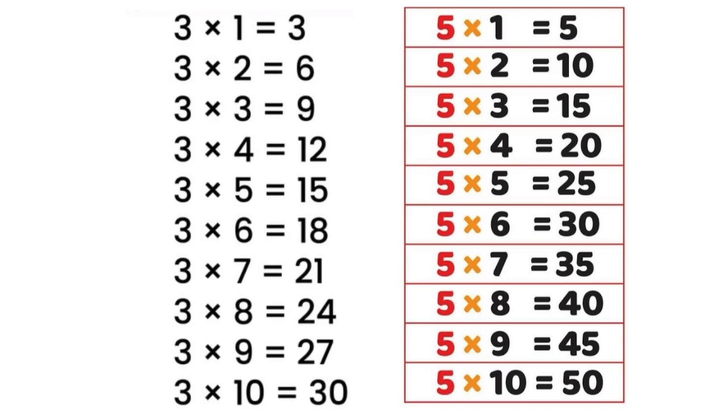Now look which numbers appear in both lists. 15, 30. So the common multiples of 3 and 5 are 15 and 30.